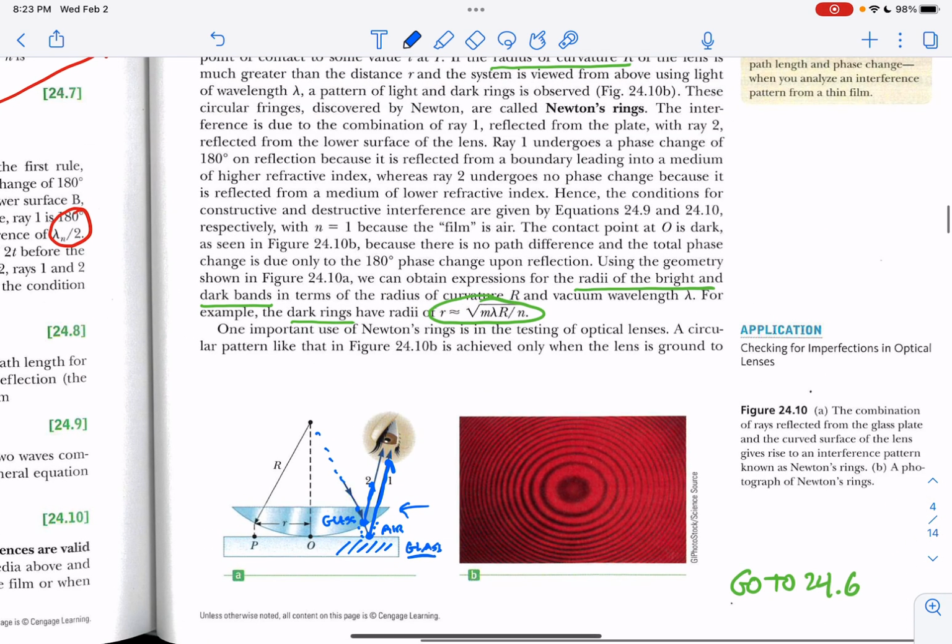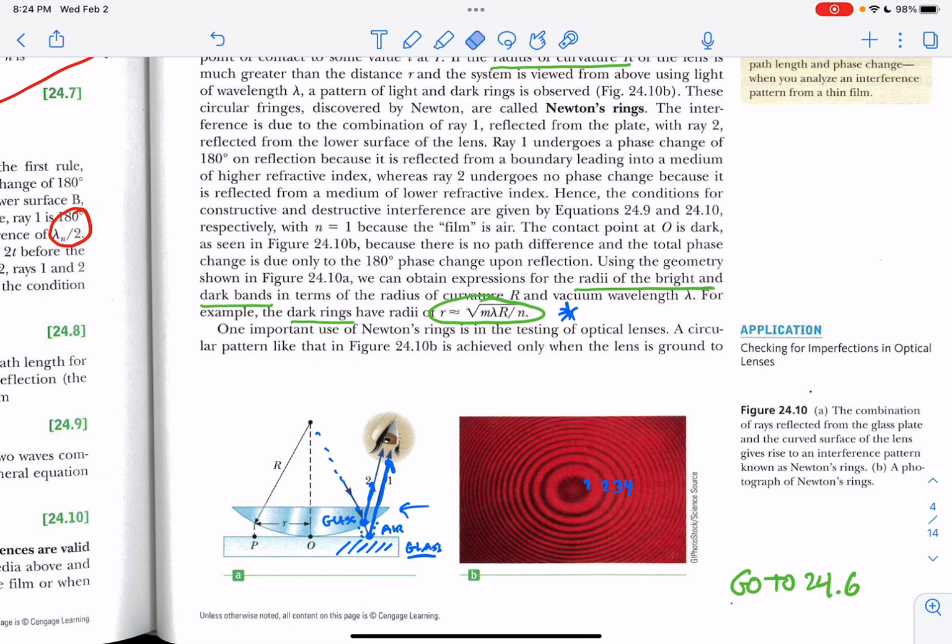You can actually calculate the distance, r, the radius, to each one of your dark rings using this equation right there. N would be the order number. So this would be n equals 1, n equals 2, n equals 3, n equals 4 for each of the dark bands or dark rings. I meant m.